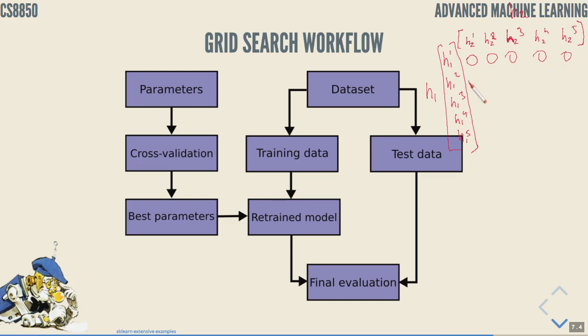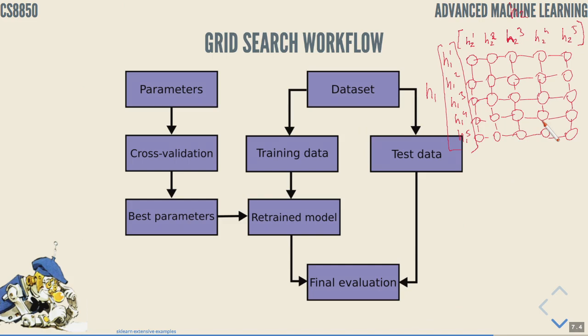And regardless of the values of H1, H1,1, H1,2, and so on, we will have that grid. So hyperparameter search is traditionally called grid search for that reason, because we need to run a model for each intersection of hyperparameter candidate values.